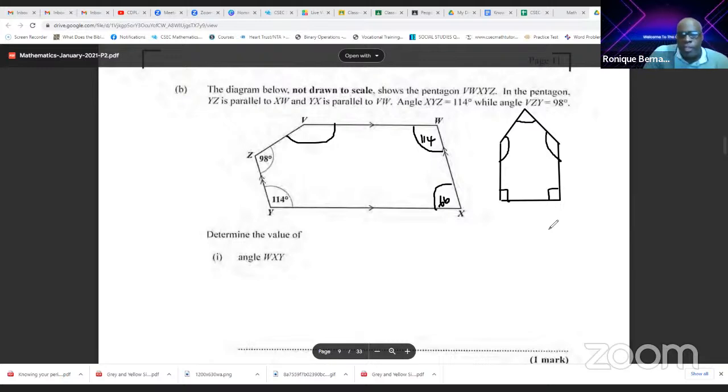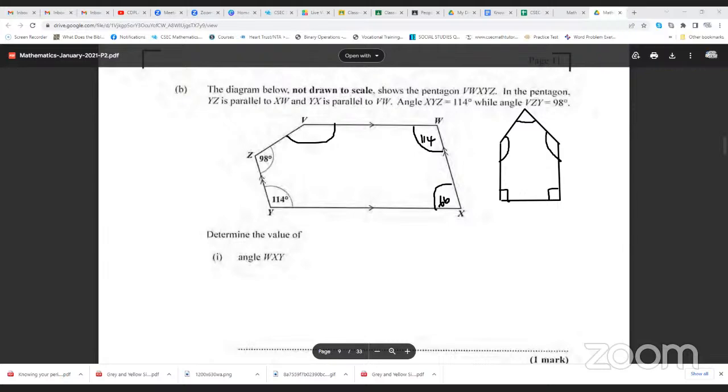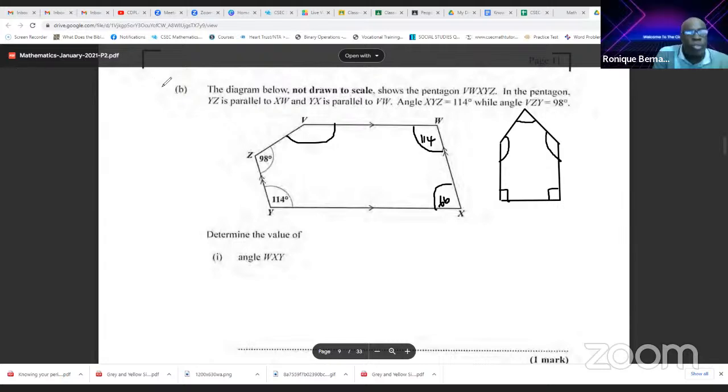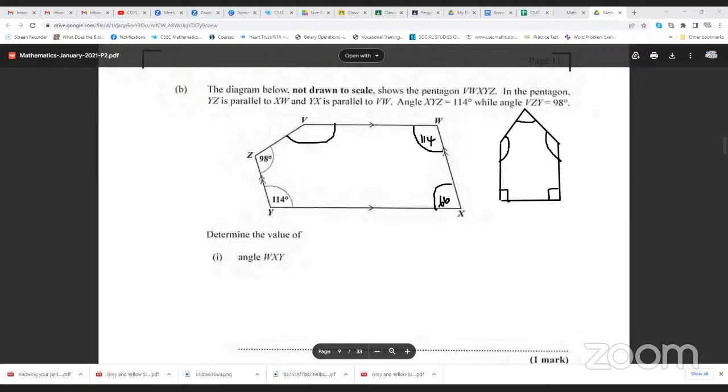Is everybody trying the question? Everybody trying to draw the pentagon and measure the angles? Everybody doing that? Yes, sir. Good, Alex.